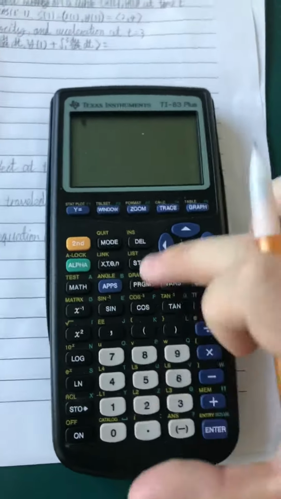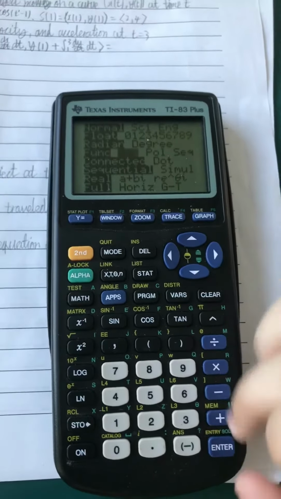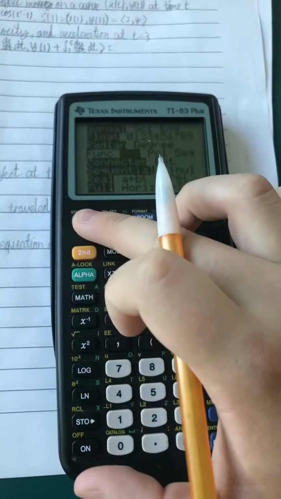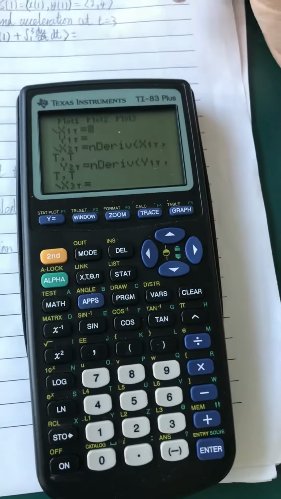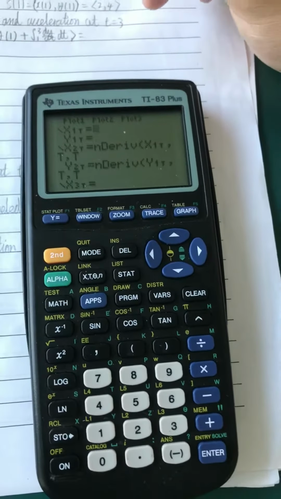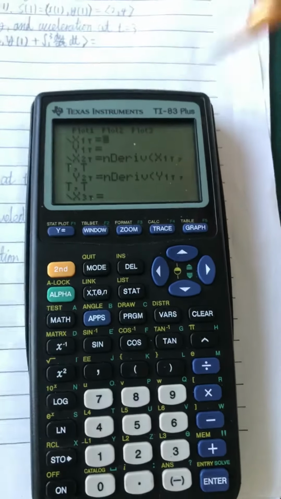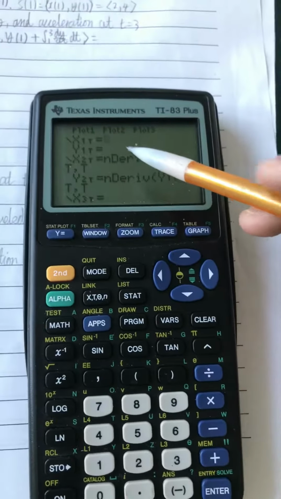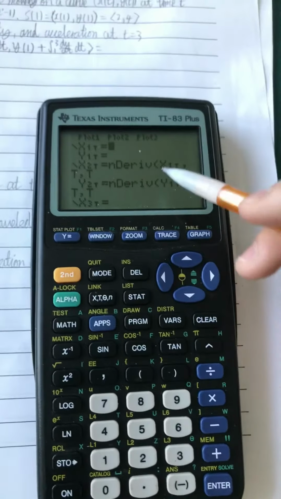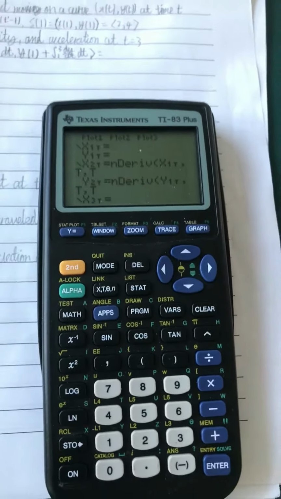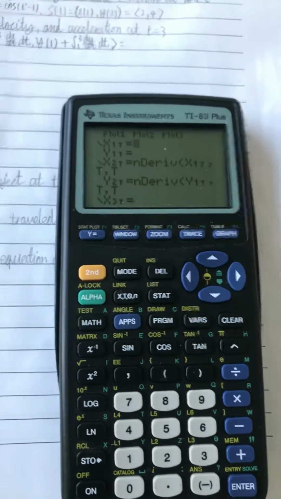We turn this on. First of all, we want to make sure we are in the parametric mode instead of the function mode. So we're going to hit y equal. Now we're going to enter the dx/dt and dy/dt equations as we are given. Usually I like to leave the x one as a derivative, which saves us some time because we usually need to use it. But what you need to do depends on the context.